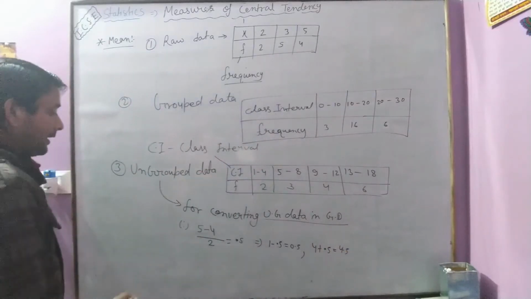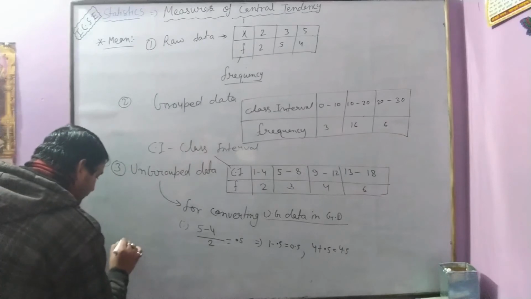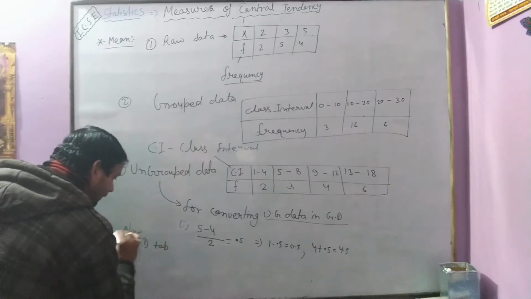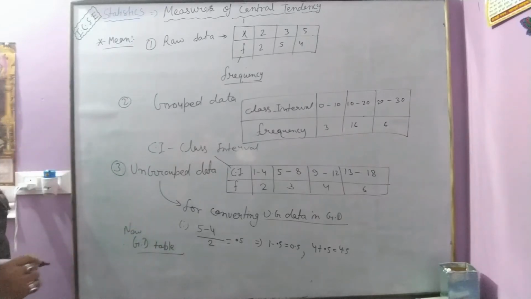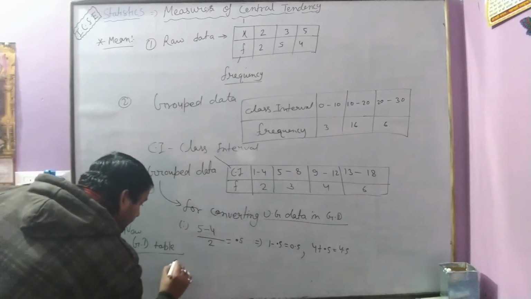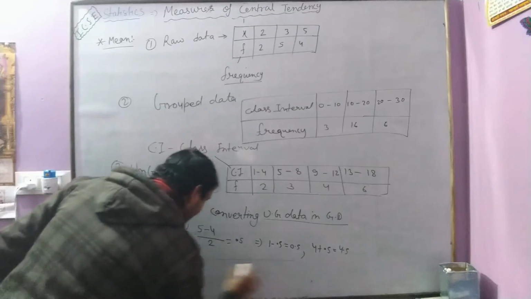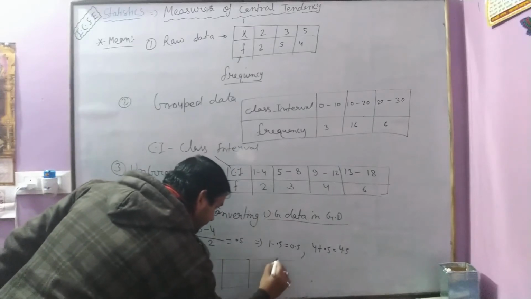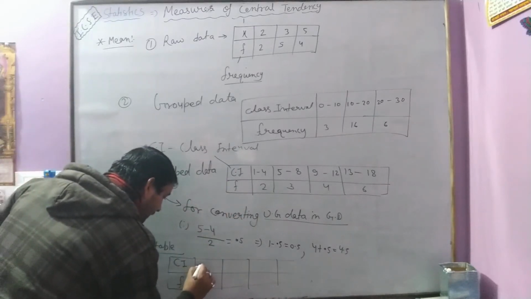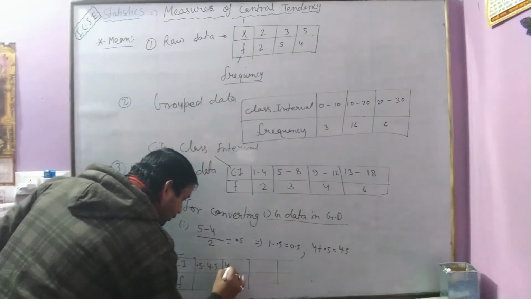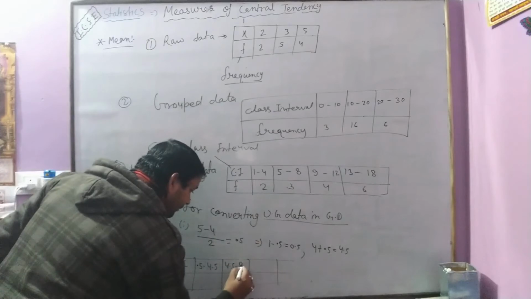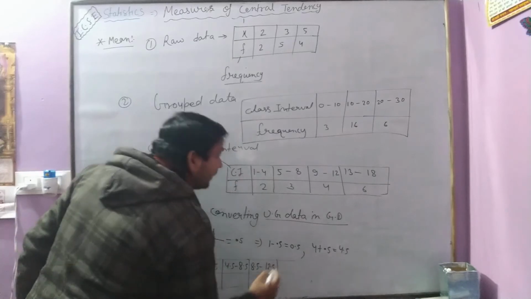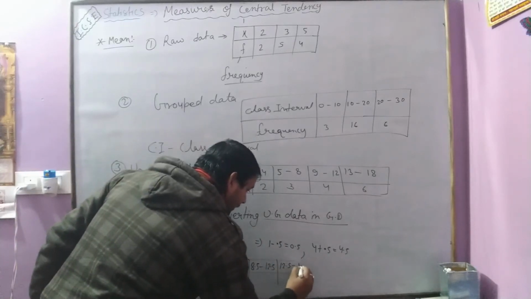Now the new group data table, with Ci and frequency, is converted to 0.5 to 4.5, 4.5 to 8.5, 8.5 to 12.5 and 12.5 to 18.5.